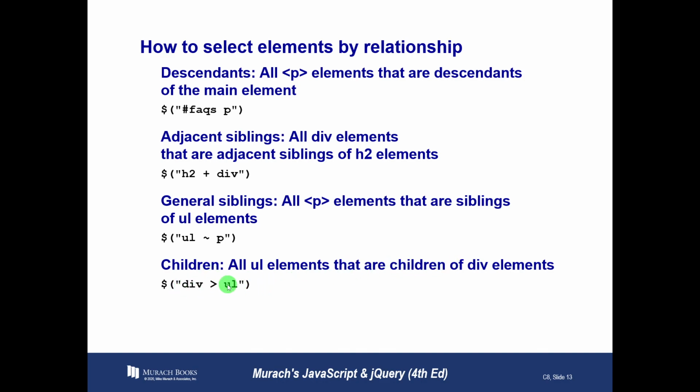Give us all the unordered lists that are children of a div. Okay, so we can get very specific using these. So plus is adjacent siblings. Tilde are just siblings, not adjacent siblings, just regular old siblings. I probably would have put that before the other one. And then this is the parent-child relationships.